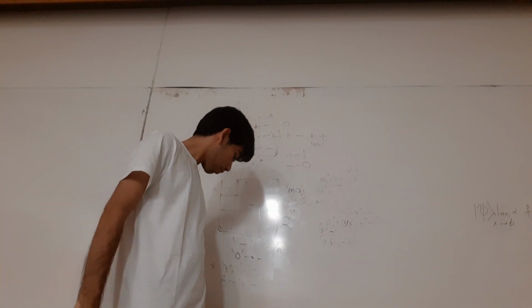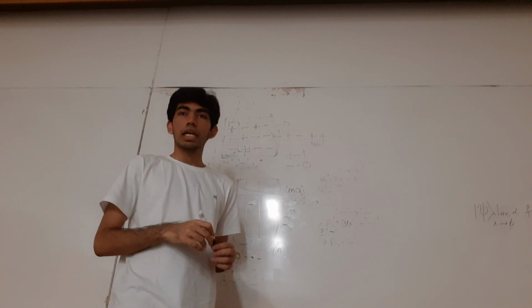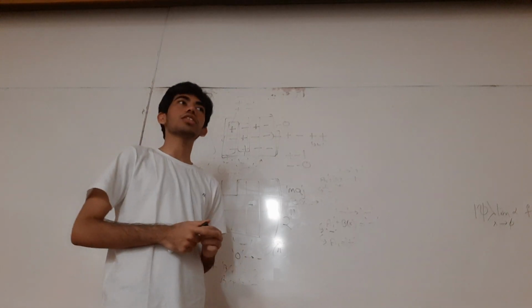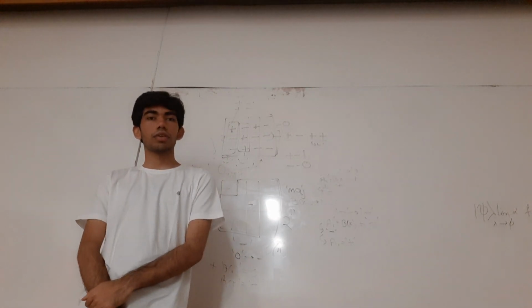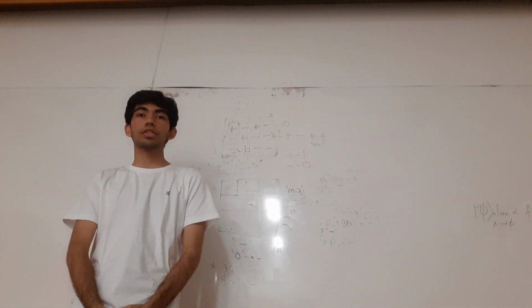So I can do this approach for every single algorithm, and I'm afraid it's going to be wrong, but I can still try it out. And that's what I'm going to do.